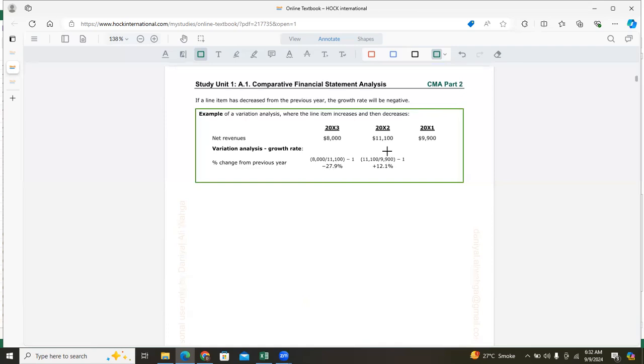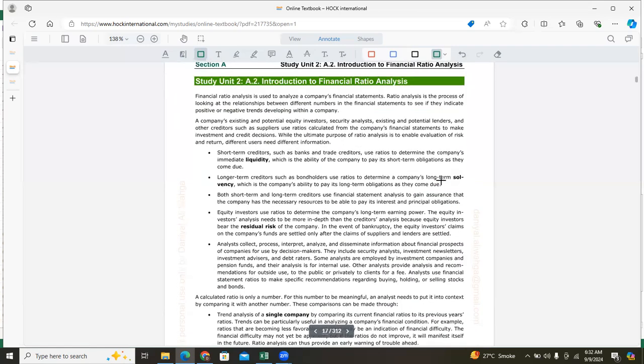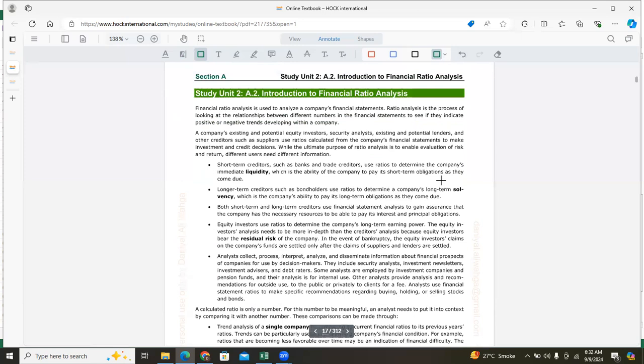But if you look towards 20x2, it shows positive growth. Year 20x1 has no base for a previous year, so that's why it has been shown as a balance. It says introduction towards financial ratio analysis.